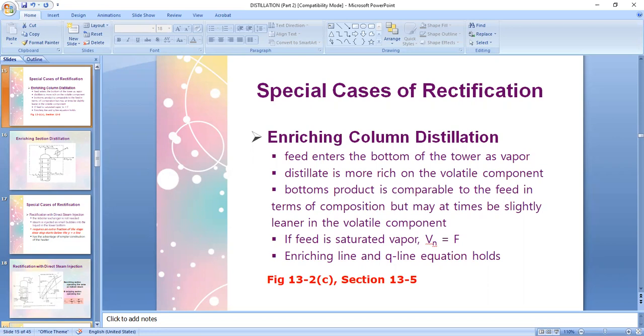Now, if feed is saturated vapor, we say that your feed, in this particular scenario, is comparable to V sub N. This V sub N, class, if you recall, is the vapor coming from the reboiler. Now, it's the vapor produced by the reboiler when it's returned into the column as vapor.